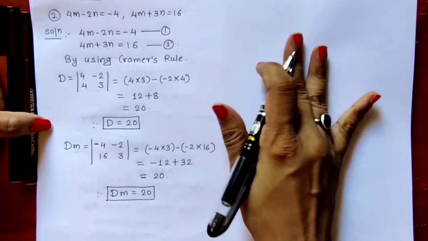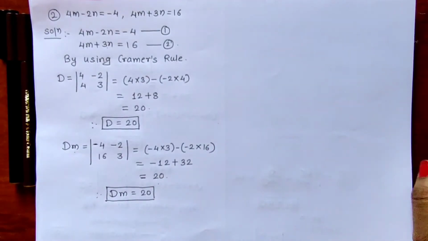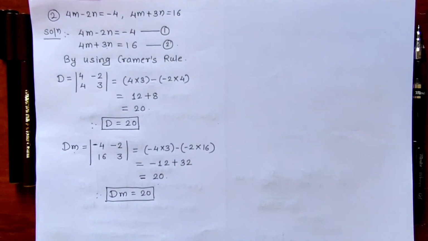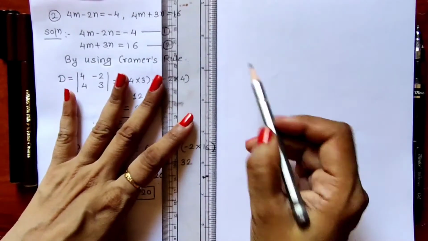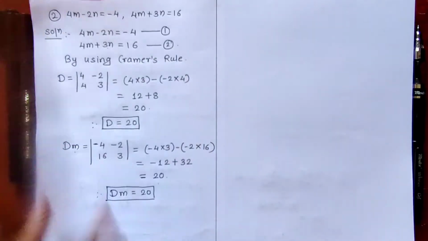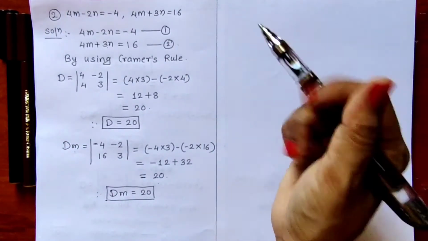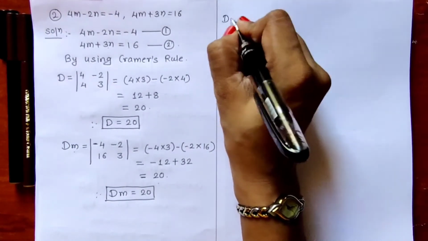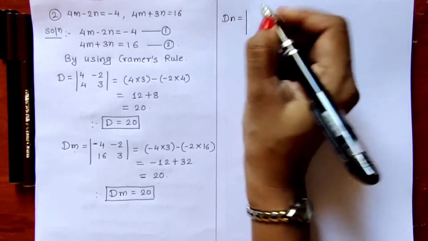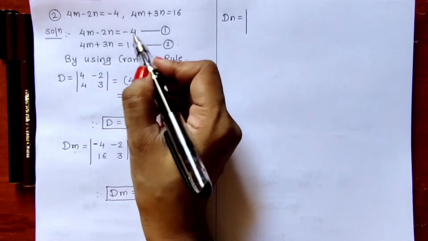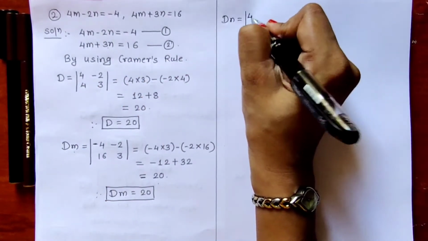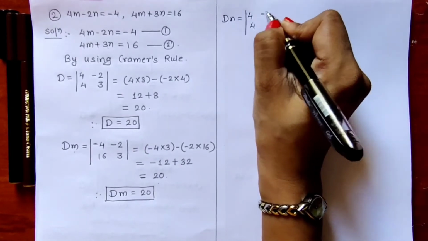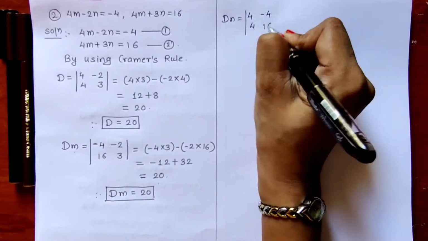Now let us find dn. I will write on this side of my page, so I will have to make a partition of my page. Now let us see, dn means what? Coefficients of m and the constant terms. So coefficients of m are 4, 4 and constant terms are minus 4 and plus 16.